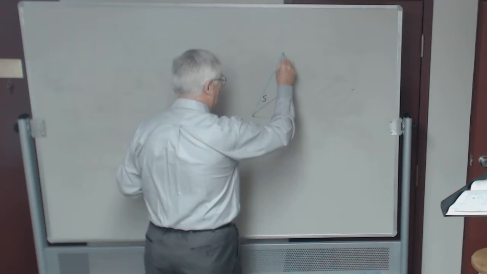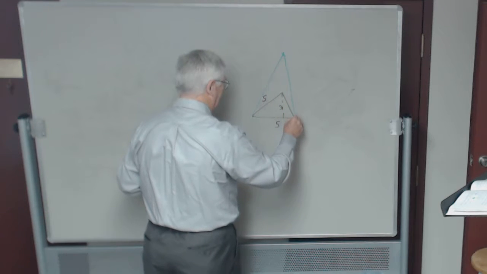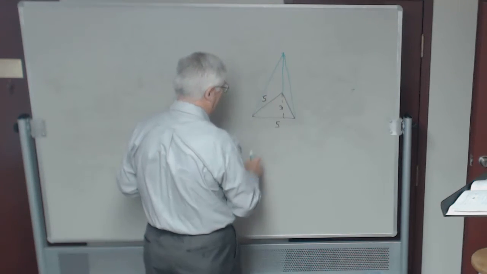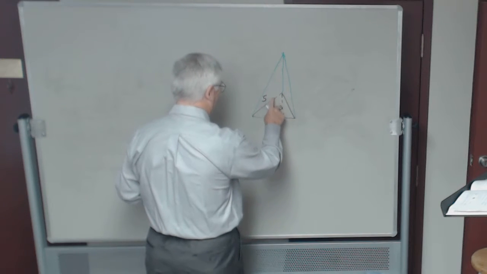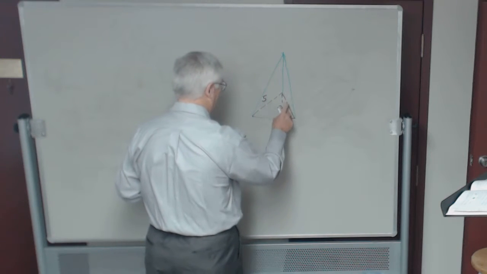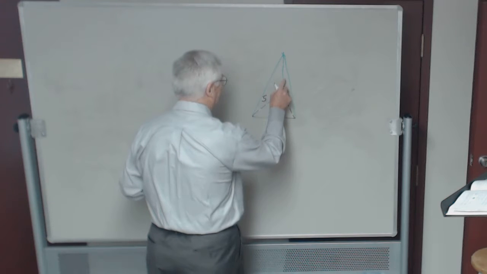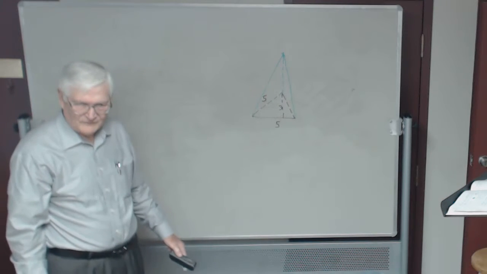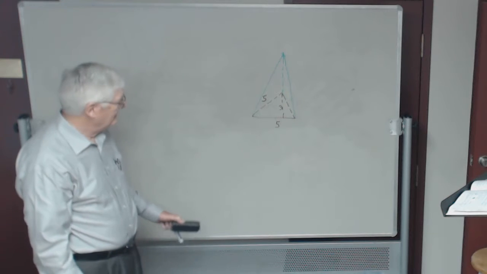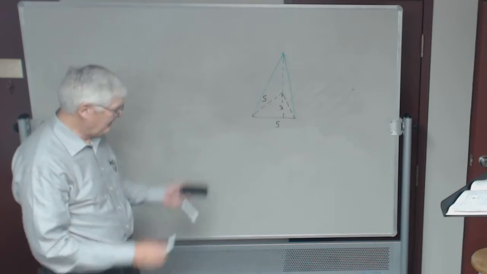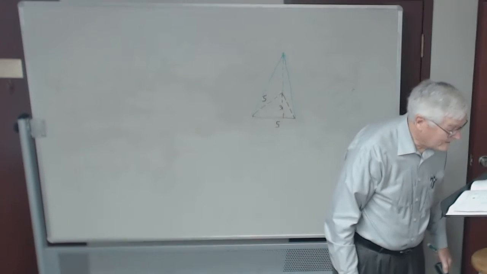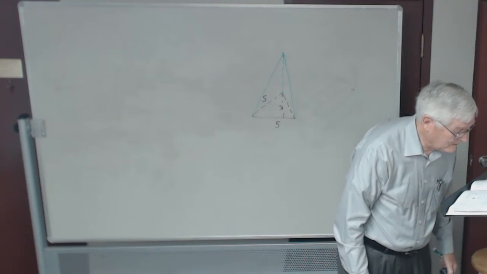Zip, zip, and zip. And you can't see this part, or this part, or this part. You see that? How I sketched my little pyramid here? So now I got a picture of what I want to work with.